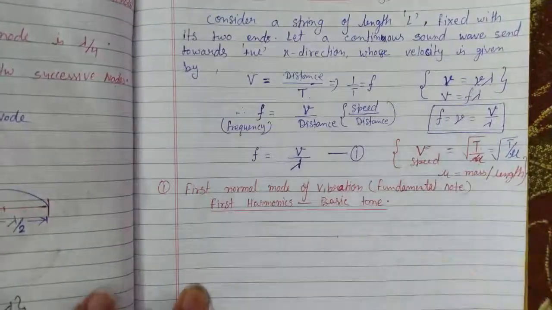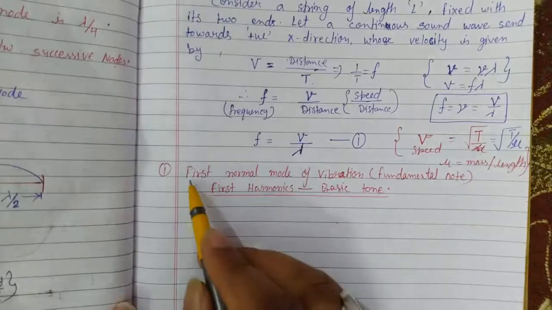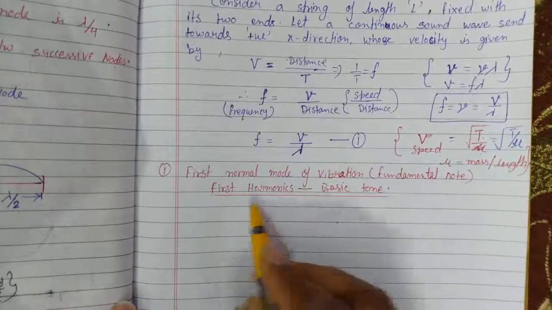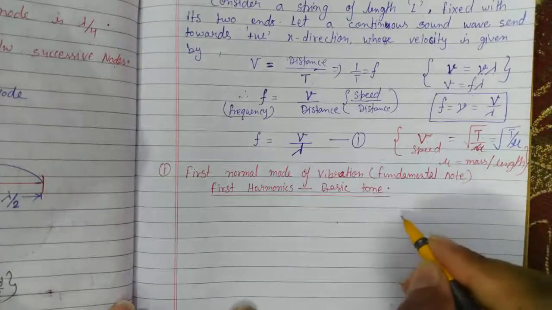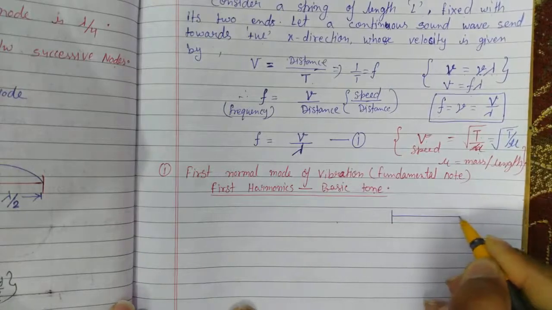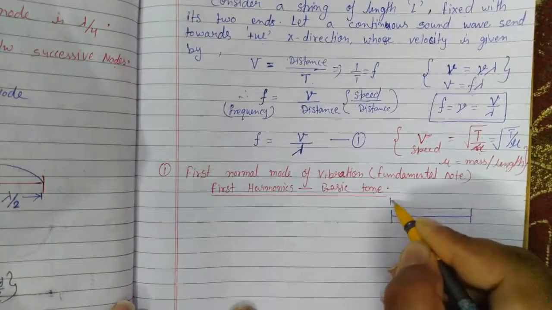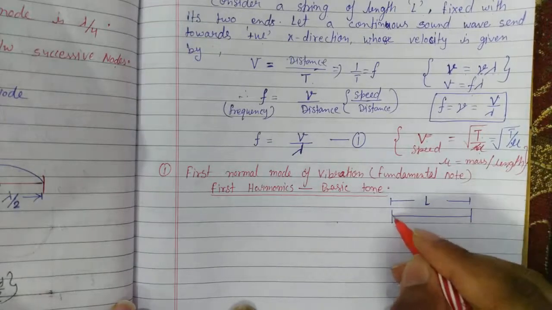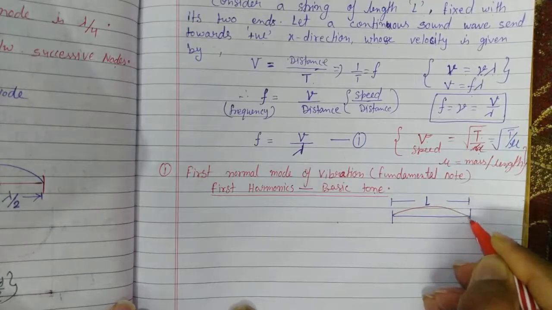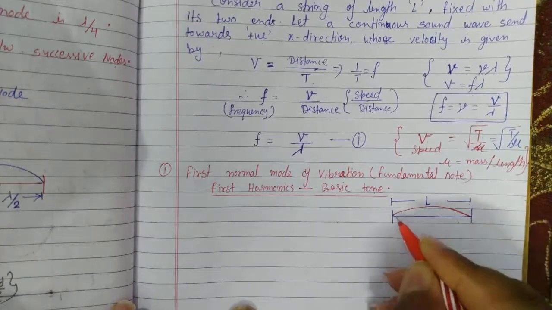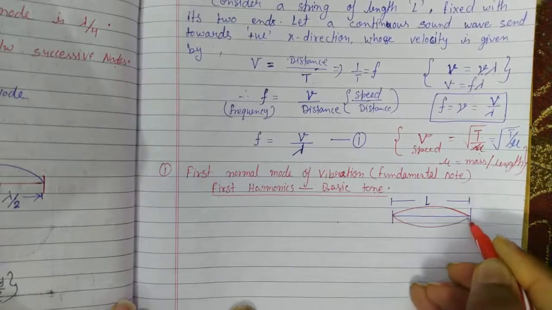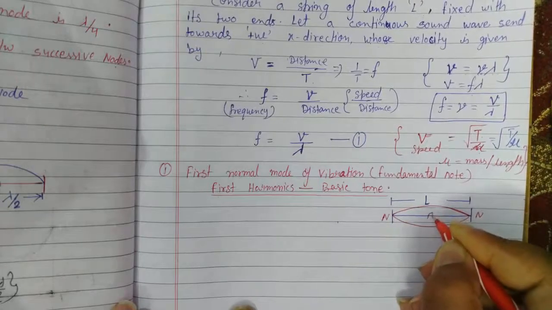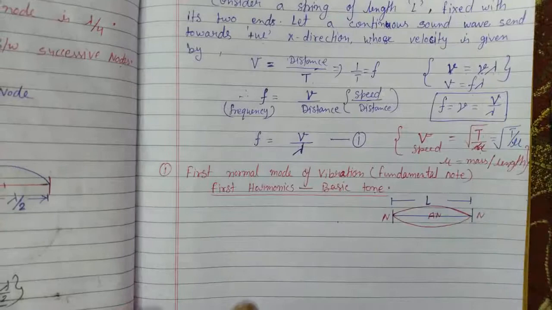After completing this, first we have the first normal mode of vibration, or fundamental note, first harmonic or basic tone. Now consider a string of length L. This is the length of the string L. By creating a disturbance, these are the nodes and the center is the antinode.